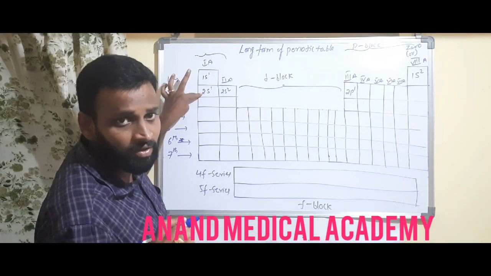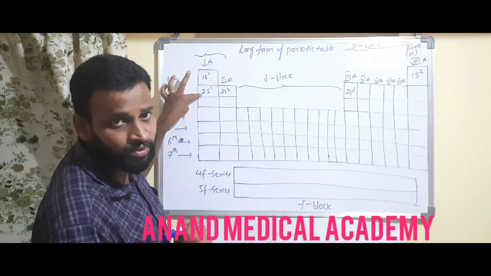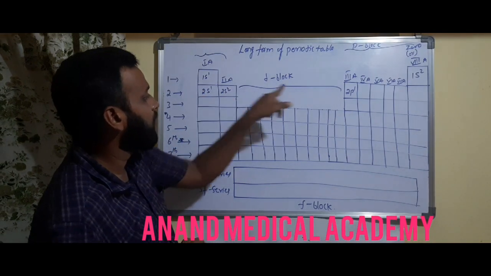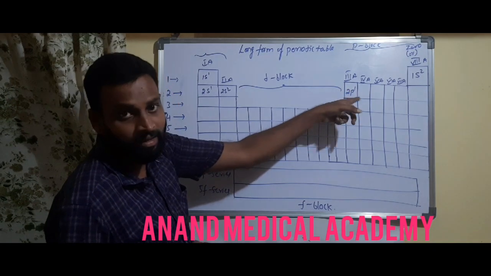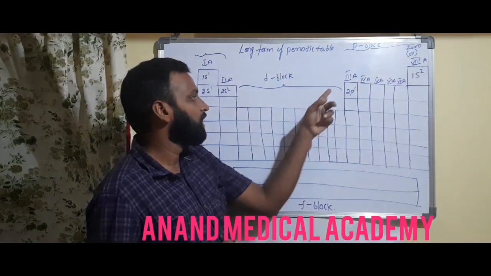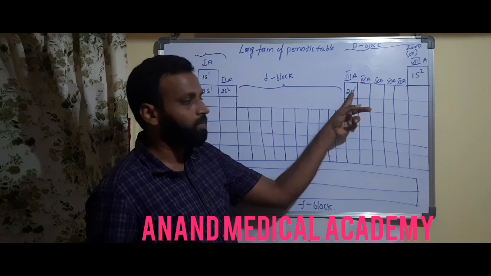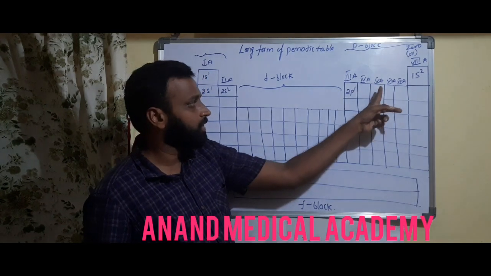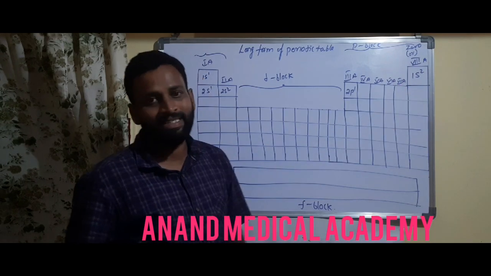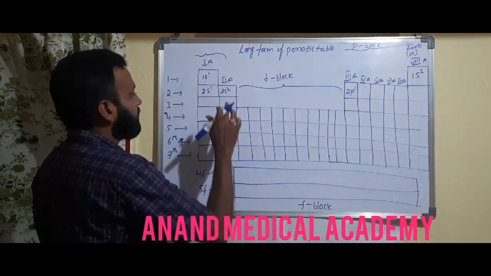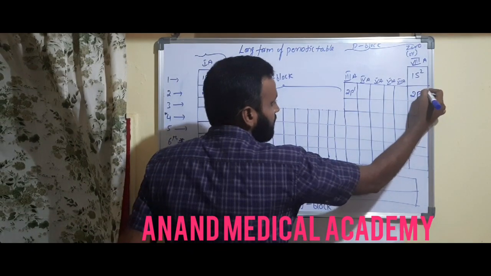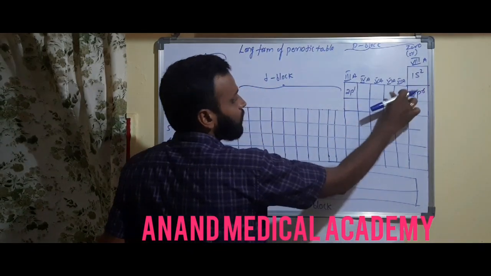You have to sit for class today with the electronic configuration. Here 2S1, here 2S2, and 2P1 means boron. Check the boron configuration: 1S2, 2S2, 2P1. Here carbon will come, 1S2, 2S2, 2P2. Here 2P3, 2P4, 2P5, 2P6 will come. In that way we have to fill 2P1 to 2P6.